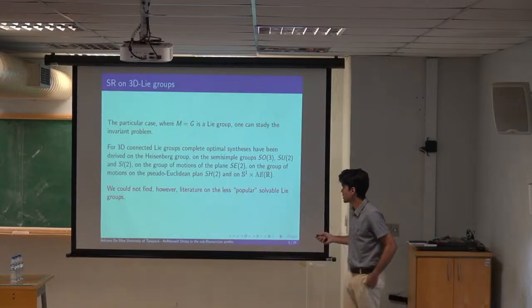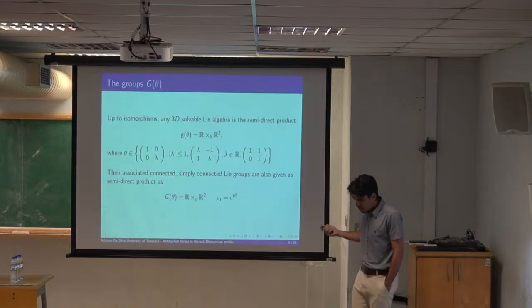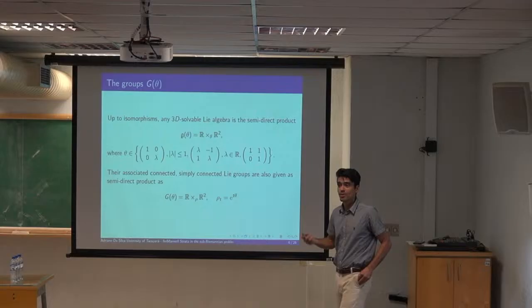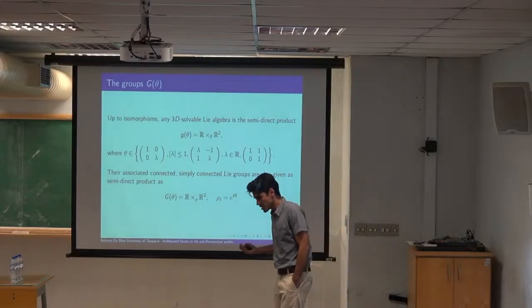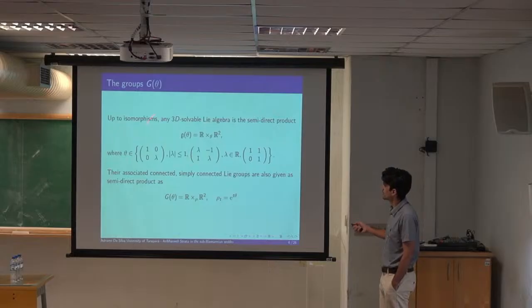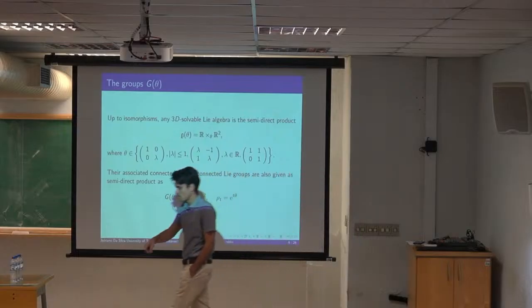We didn't find anything. Then we started to look into these groups, and soon enough we discovered why there are not many results in these groups. So just a remark here: how we look at the 3D solvable algebras is basically the same direct product, because it's easier.